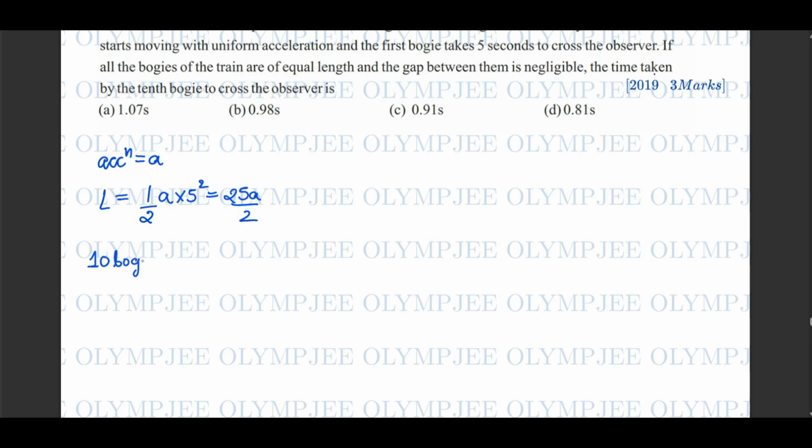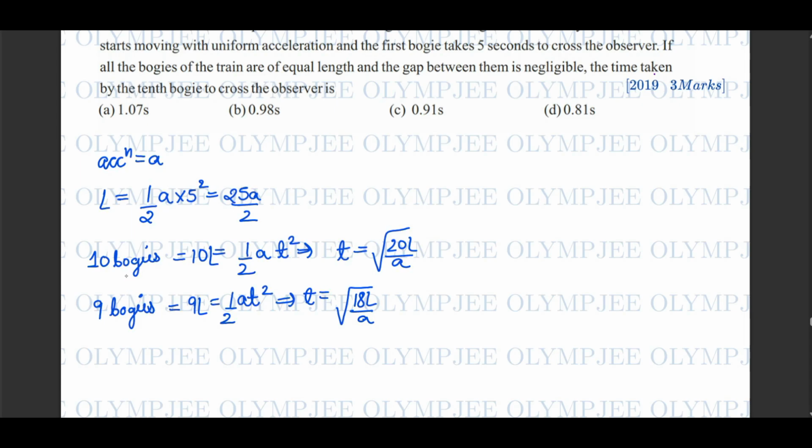10 bogies will have length 10L, and it will take half into a into t square time, which gives us t as root 20L by a. And 9 bogies, length 9L, is equal to half at square, which gives us t as root 18L by a. We are asked the time for the 10th bogie to cross.